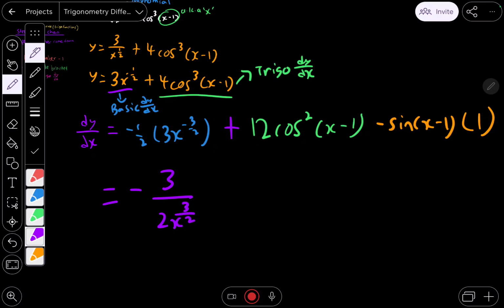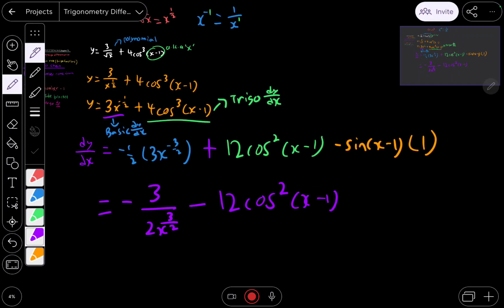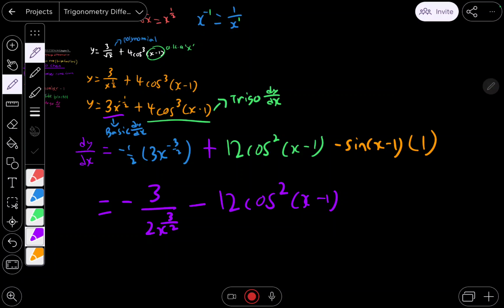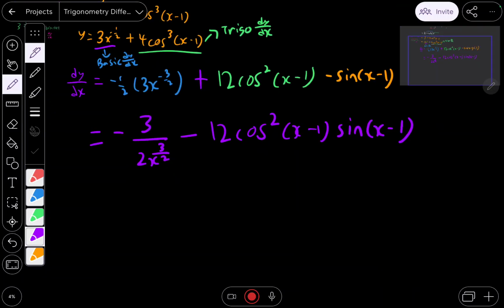And then can be a minus 12 cosine square x minus 1, and then your sine x minus 1. Or you can leave your answer like that.